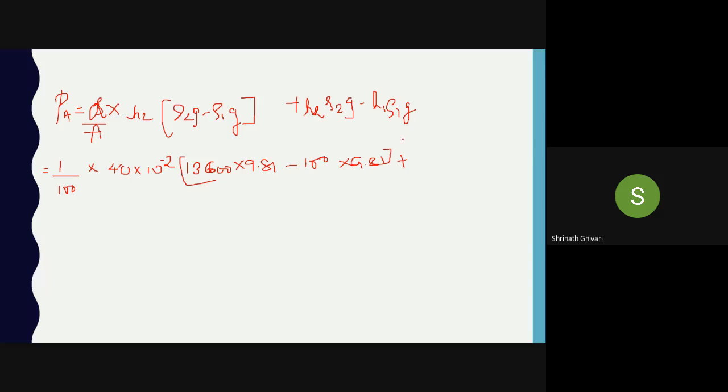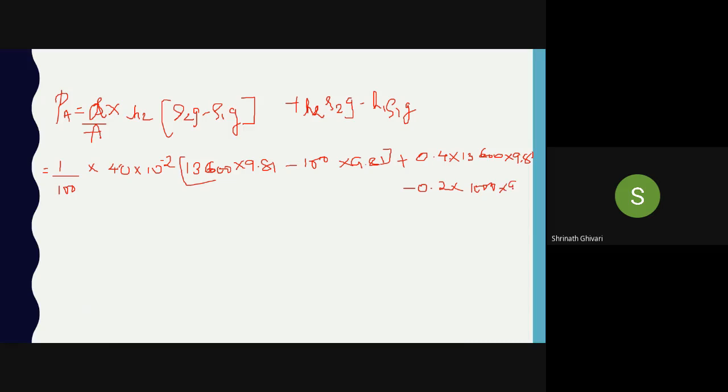Plus, I'll write this part here. H2 is how much? 40. You can write 0.4 instead of writing like that. 0.4 into 13,600 into 9.81 minus H1 rho 1 G, that is 0.2 into 1000 into 9.81.